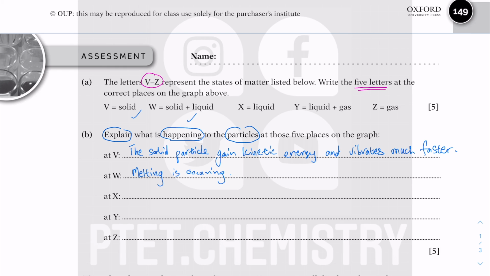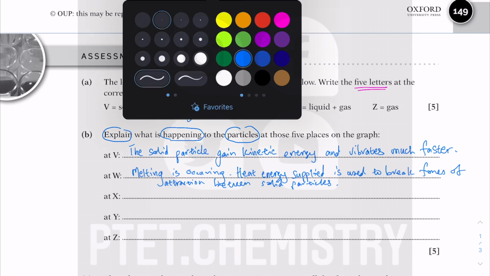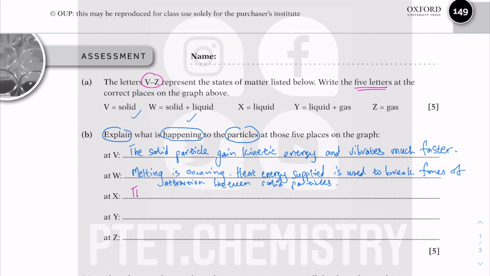The heat energy supplied is used to break forces of attraction between the solid particles in order for melting to be completed, alright? So as this is happening, the temperature will remain constant, because for a pure substance, the melting point will be a fixed value.